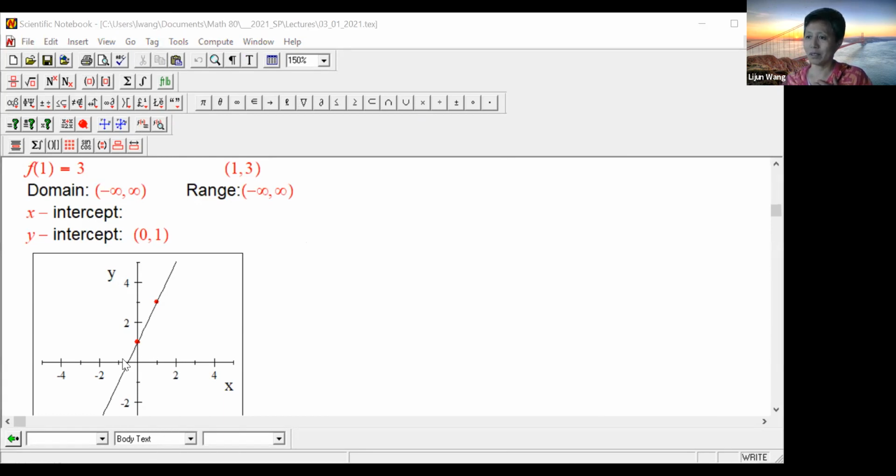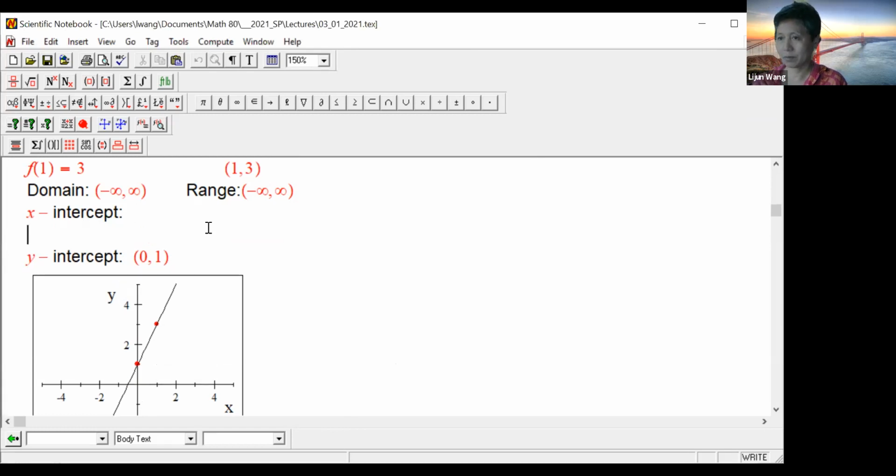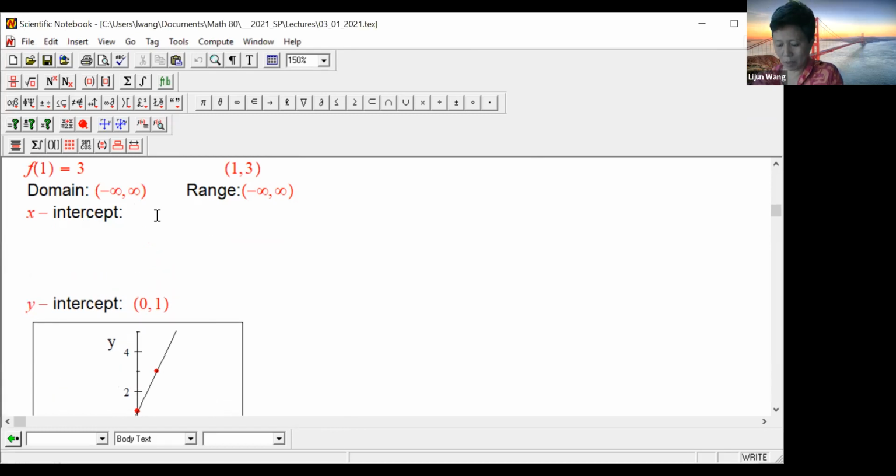How do we find the X-intercept? To find the X-intercept, we need to set what? We need to set the output equal to 0.